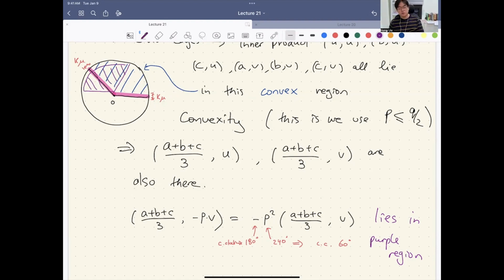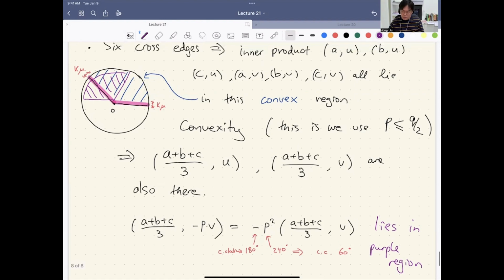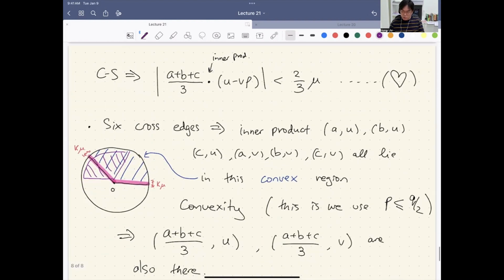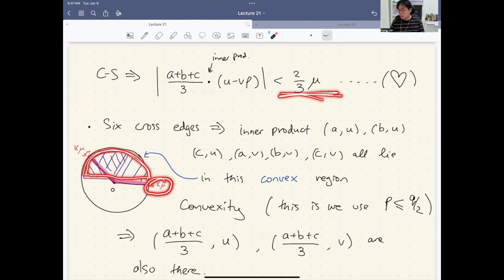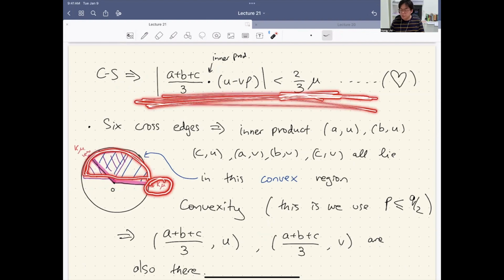So altogether, this guy summed up with the other guy, which is this guy, lies in the union of these two, which is this upper half disk with this strip scooped out. So what do we know about this upper half strip disk? It has imaginary part at least k mu. So it doesn't satisfy this. This has imaginary part at most 2/3 times mu. Just take k to be strictly bigger than 2/3, we get a contradiction.